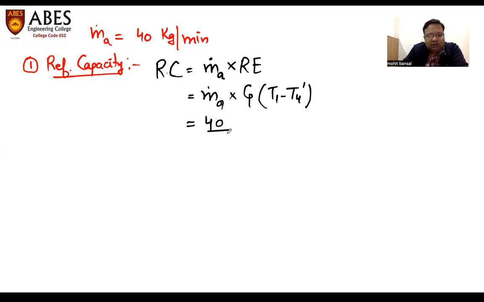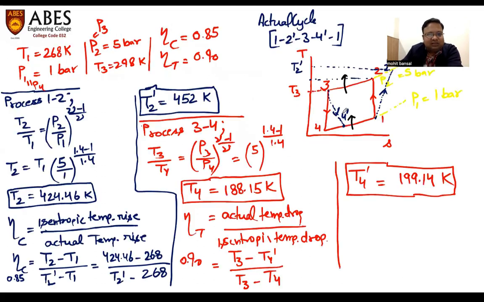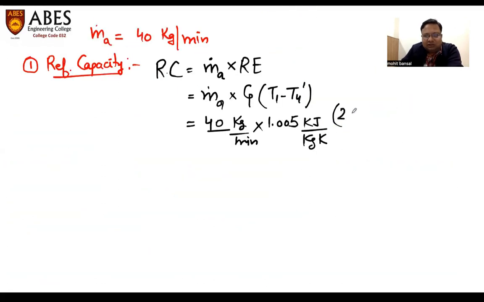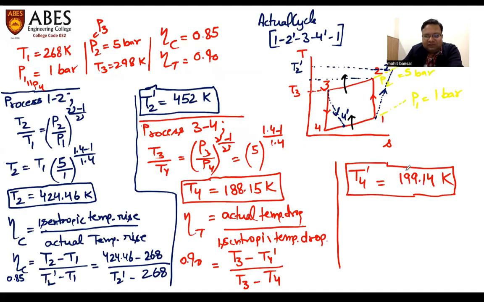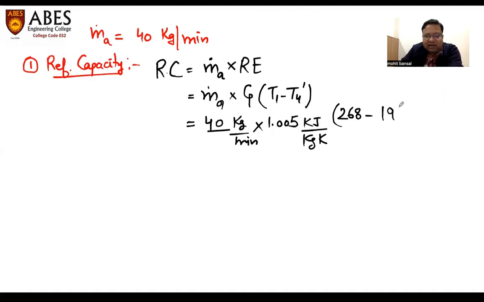So 40 kilogram per minute, and this is the specific heat of the air at constant pressure, which is 1.005 kilojoule per kg Kelvin, and T1 is given to us in the question, which is 268 Kelvin, and T4 dash, which we have just calculated, is 199.14 Kelvin.